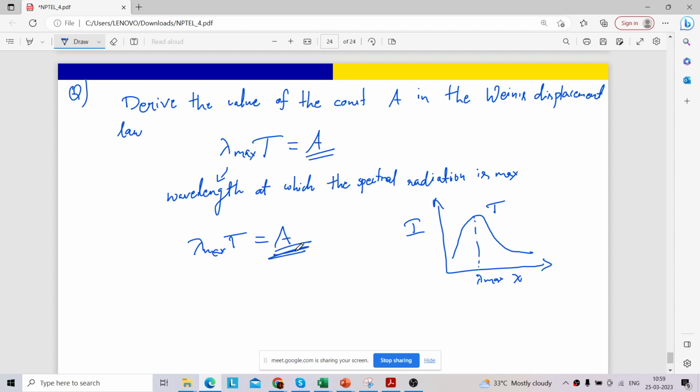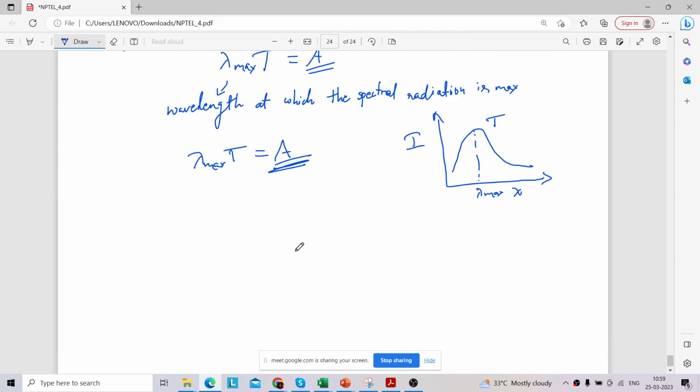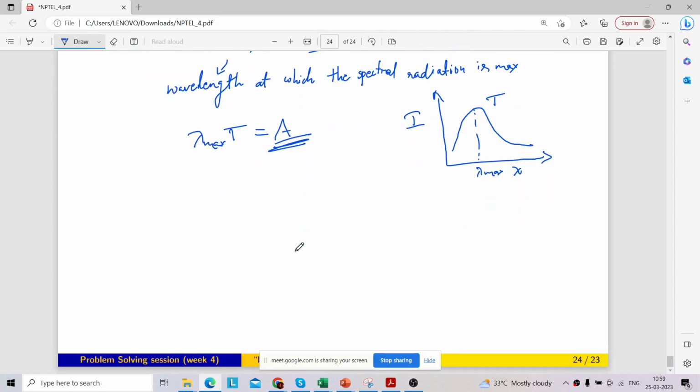So let's see how to do this. Let's start from electromagnetic waves.